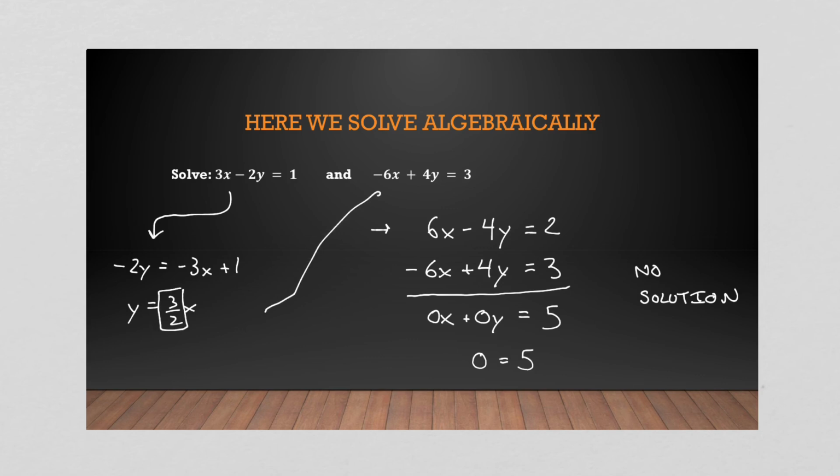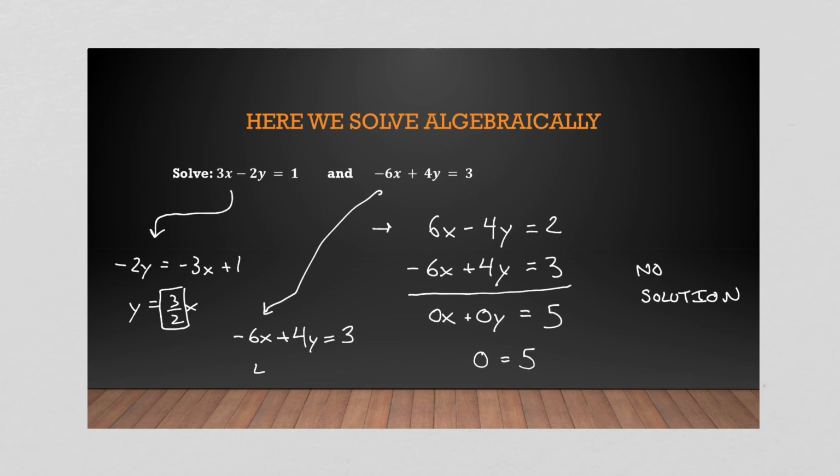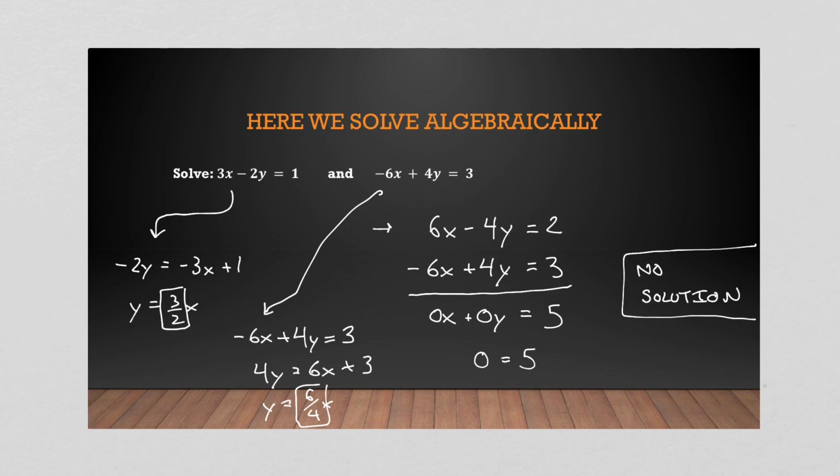And then this one, if you add 6x to both sides, you end up with 4y equals 6x plus 3. And then divide everything by 4, you end up with 6 over 4 as your slope, which we know is the same as 3 over 2. So they have parallel slopes and different y-intercepts, which is why we have no solution. So if you end up in this situation, you have no solution.